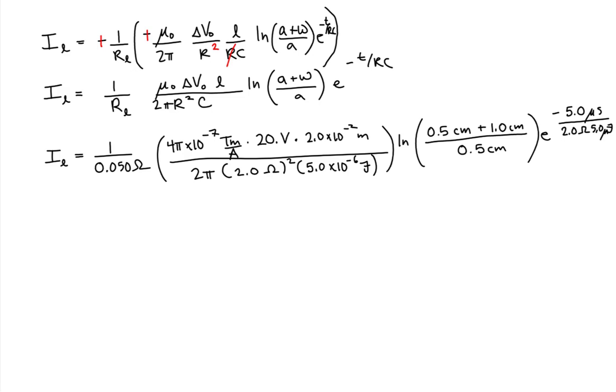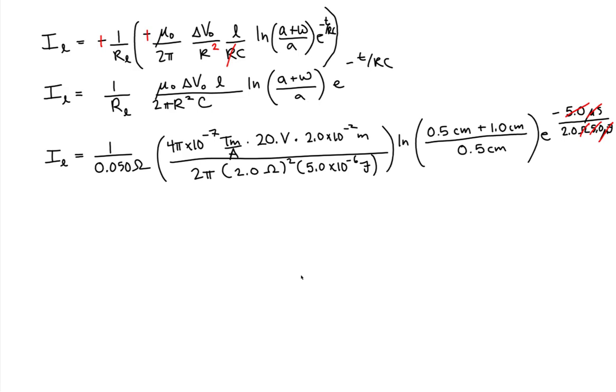So an ohm farad is a second. So we have a microsecond in the denominator canceling with the microsecond in the numerator, and a 5 in the numerator canceling with a 5 in the denominator, leaving us with an exponent that's equal to minus 1/2.